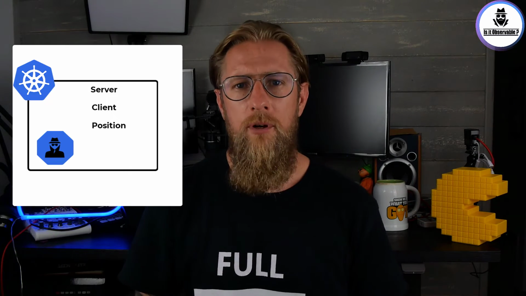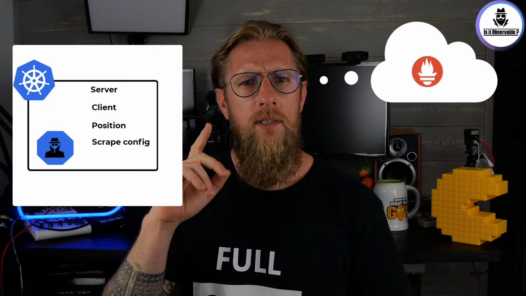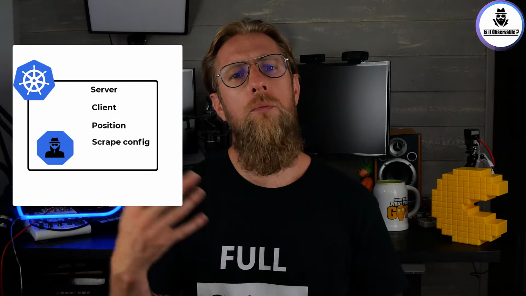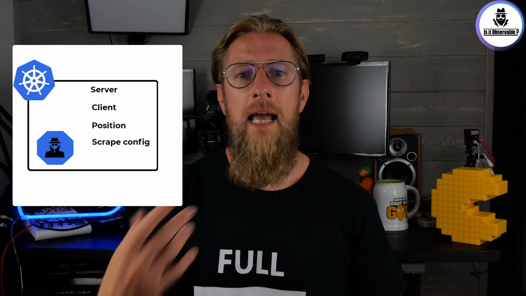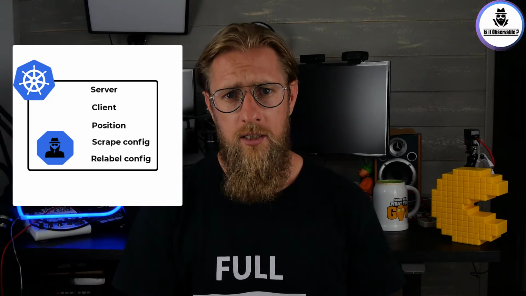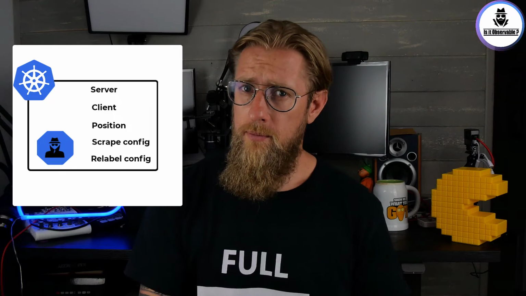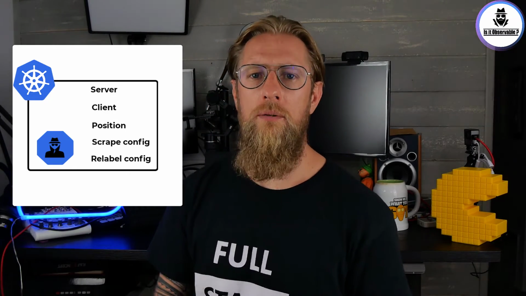And then you have the scrape config. Scrape config sounds very familiar as well. The scrape config specifies the jobs that will be in charge of collecting the logs. Then you have a relabel config that will control what to ingest, what to drop, and what type of metadata you want to add to the log stream.